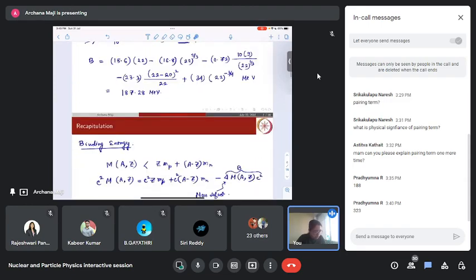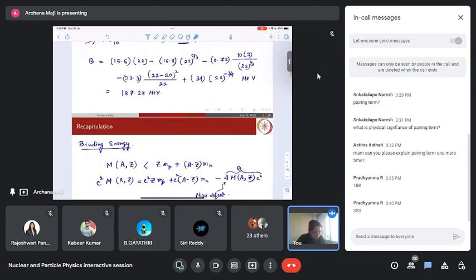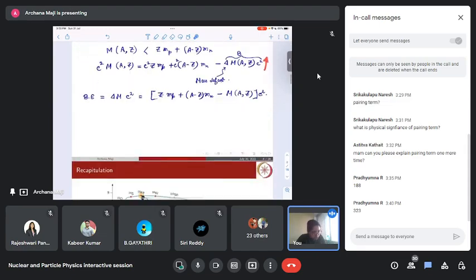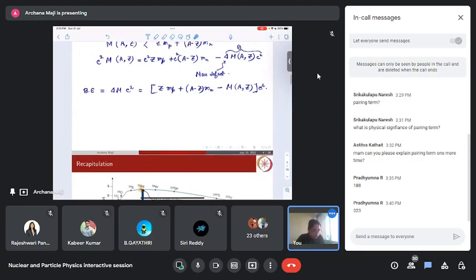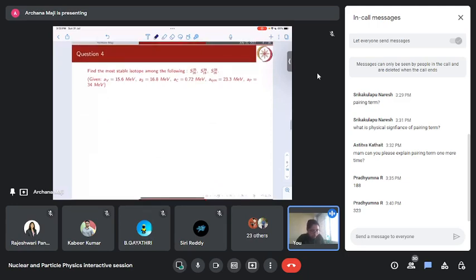If binding energy per nucleon is more, that means energy of the nucleus is small, so it is stable. So we have to determine the binding energy per nucleon for each of these, and see which one is highest, and that would mean that is the most stable one.